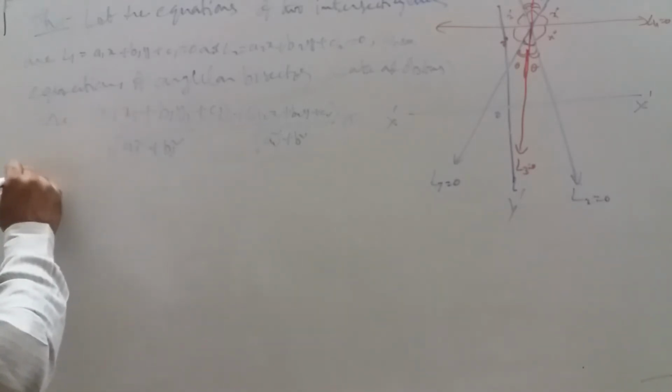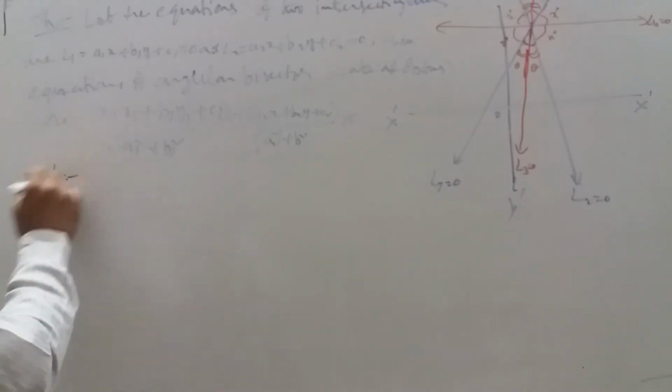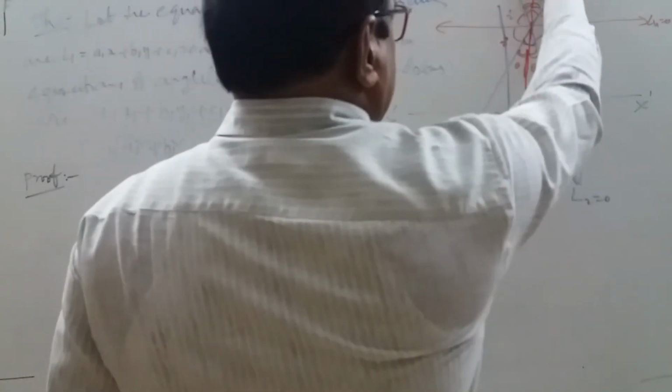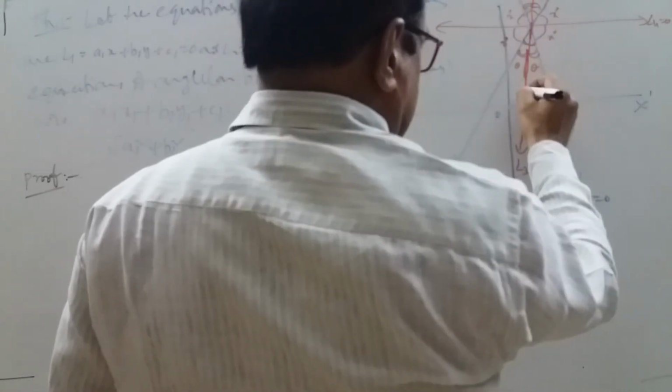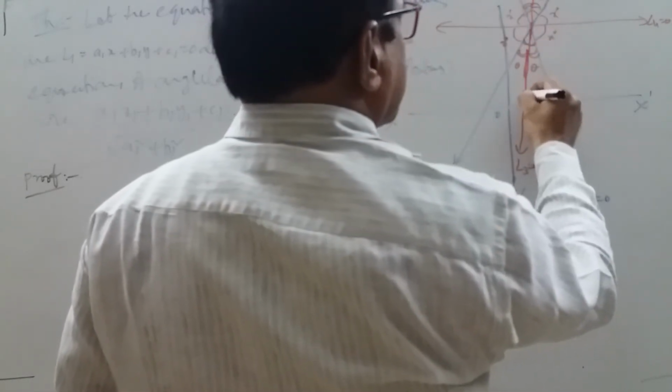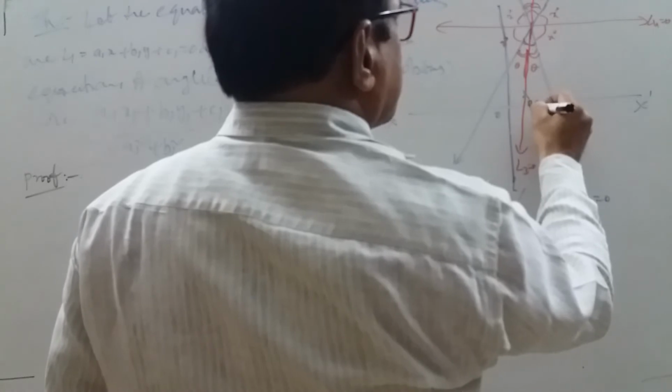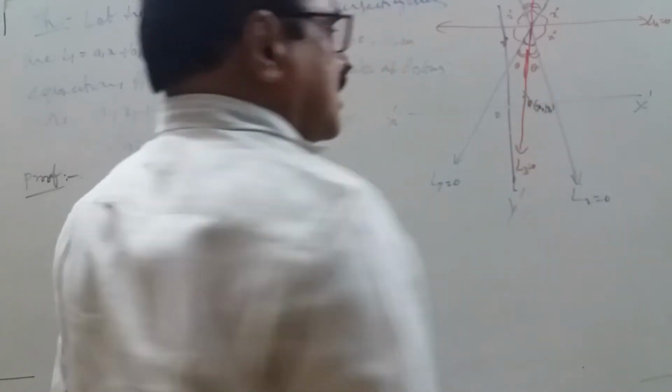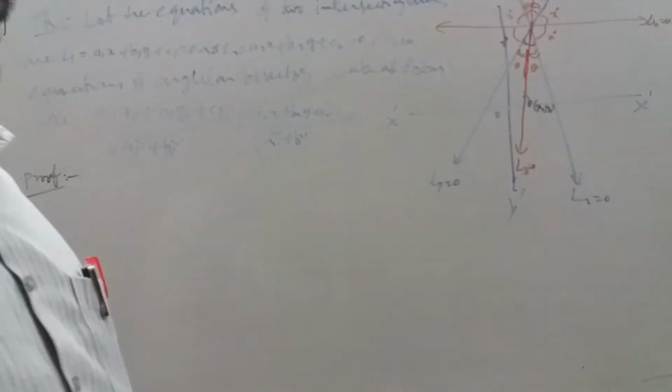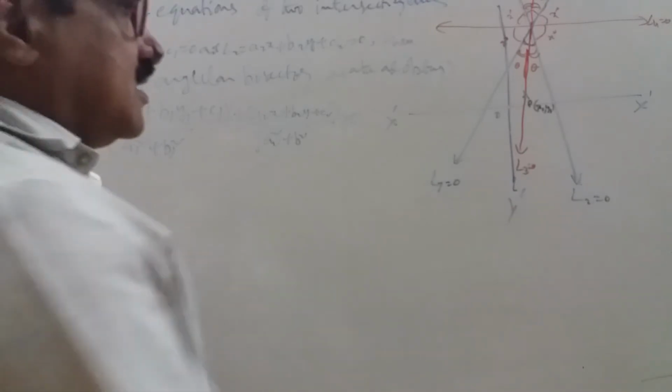Okay, now we will take the proof. Proof is very simple. If any point is on the locus, that means on the angle bisector, let P be a point here. P(x1, y1) is a point on the locus, that means on the angular bisector.